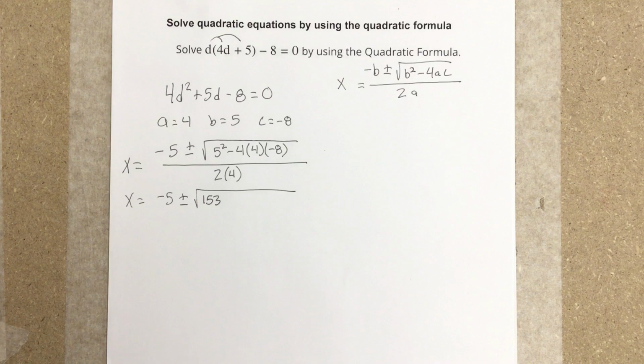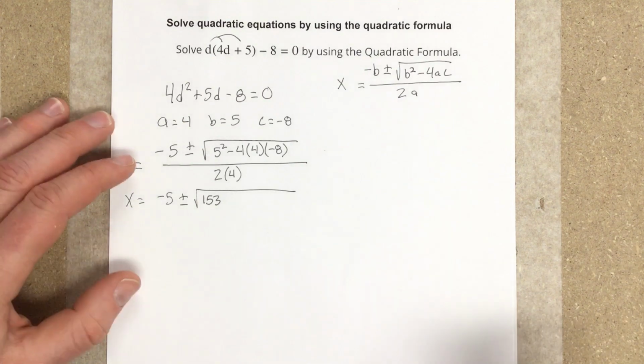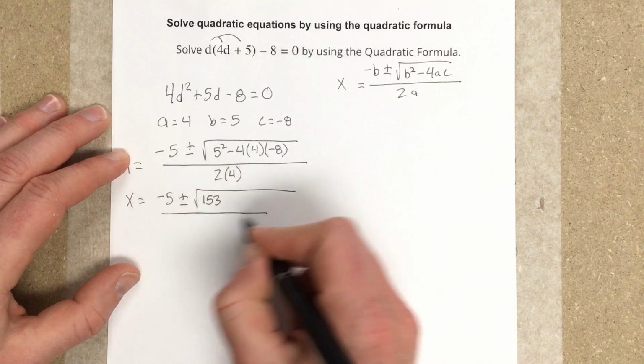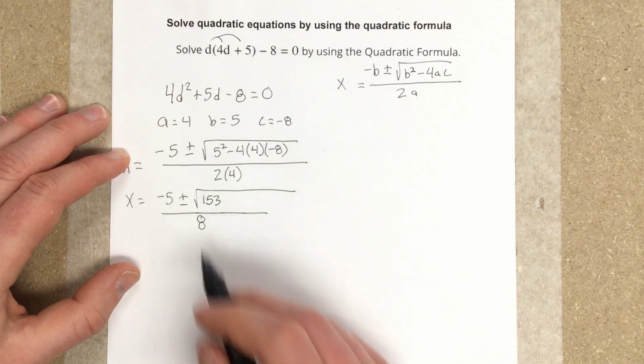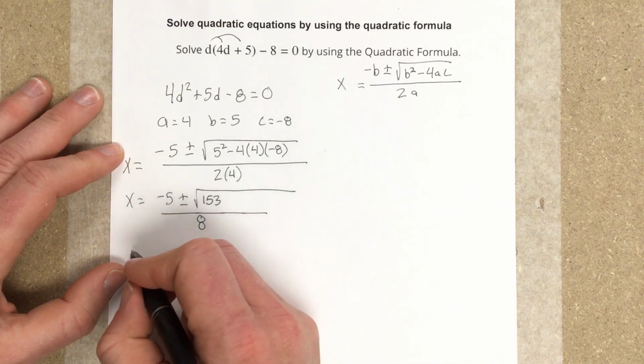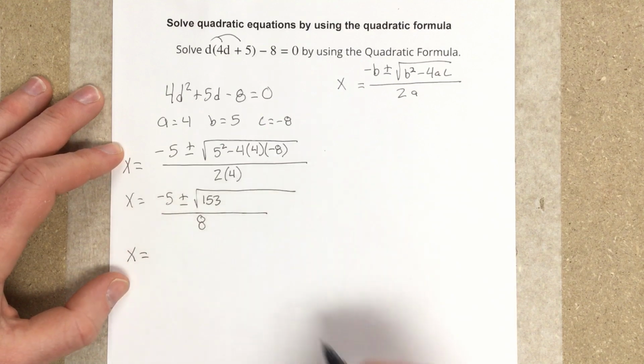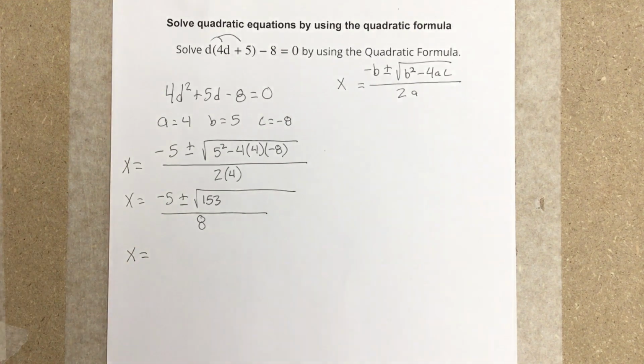So then, next step, that's over 8. Let's see if we can simplify that radical. So root 153, let's see, 153 divided by 3 is 51 divided by 3. Okay.